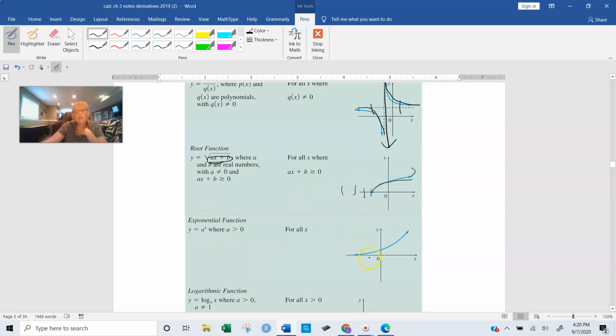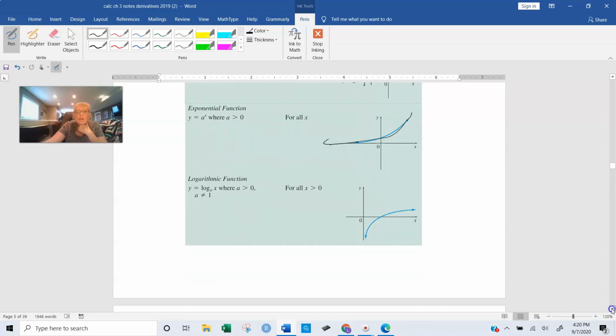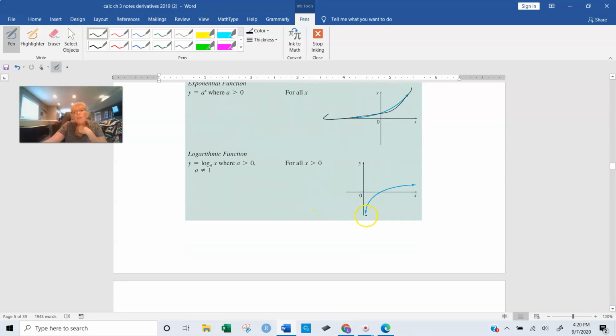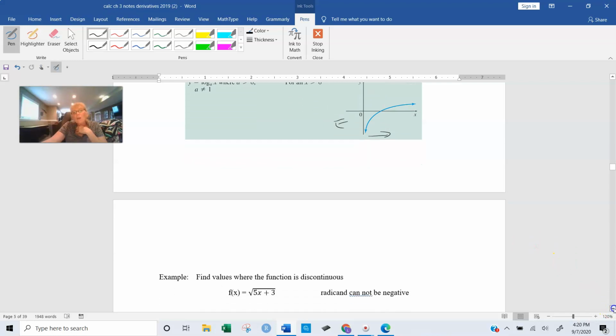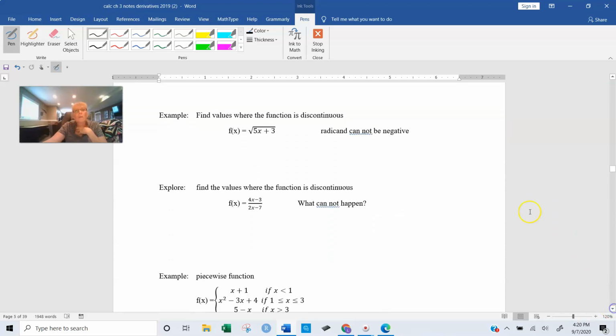This one is continuous everywhere because it goes this way on up and it goes down this way forever. It has no issues. It is always continuous on x. This one is continuous when x is greater than 0. So on this side, there is no value. So they all have continuous sections, but there are parts that could cause issues.